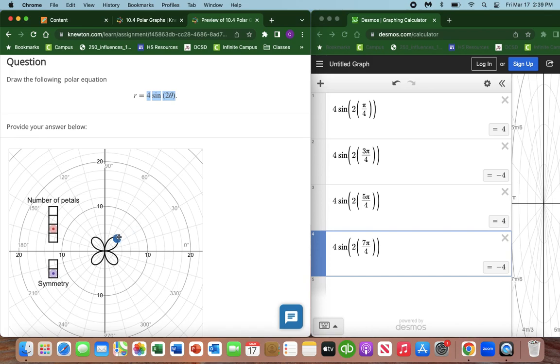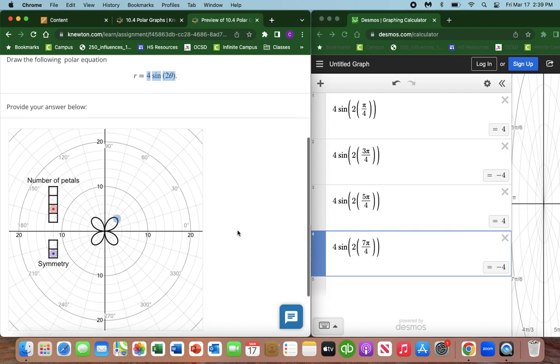Yeah, so this is 4. So this is the correct graph because I've got pi over 4 there. I've got 3 pi over 4, and 3 pi over 4 would give you negative 4, which is back here. 5 pi over 4 is here, and it's supposed to give you a positive 4, which will be that spot. And the 7 pi over 4 gives you a negative 4, which is this other leaf here.